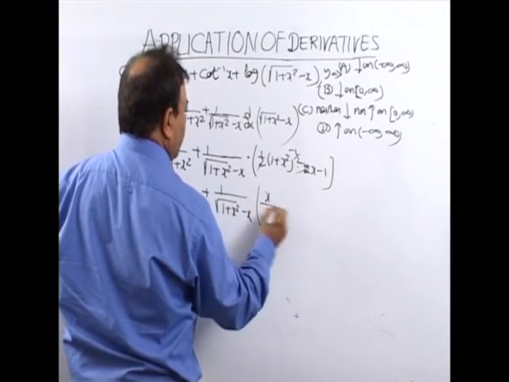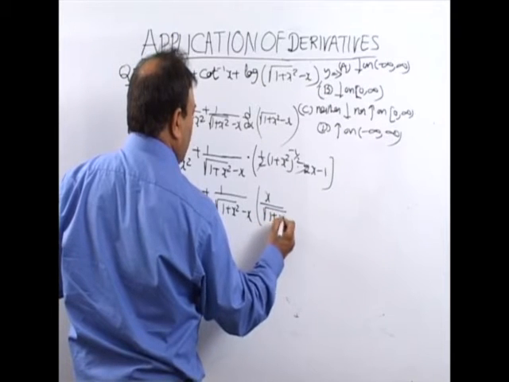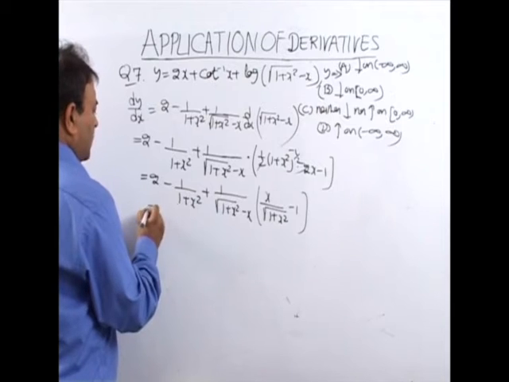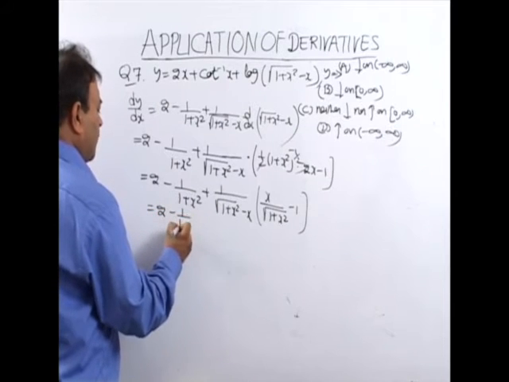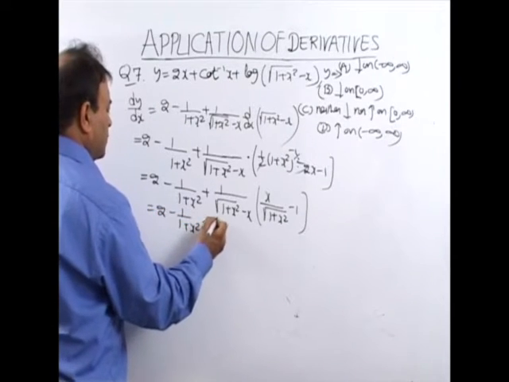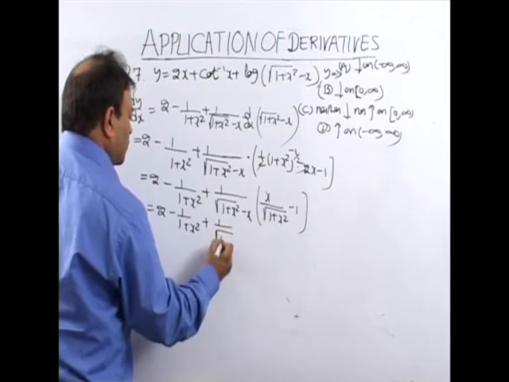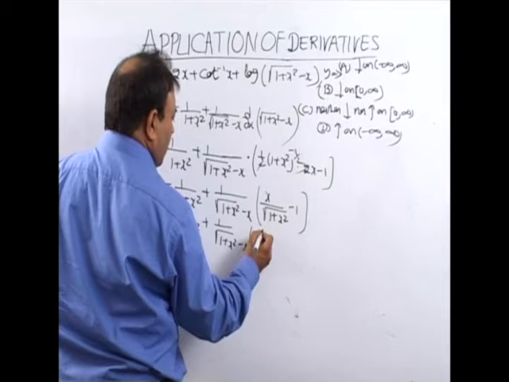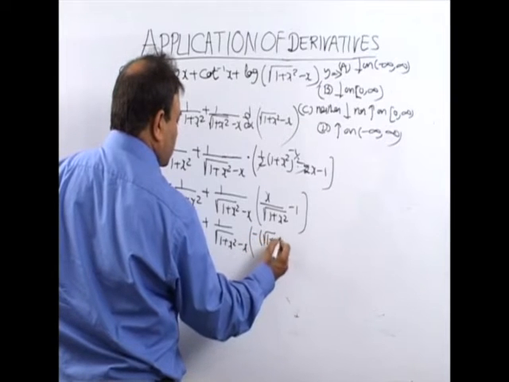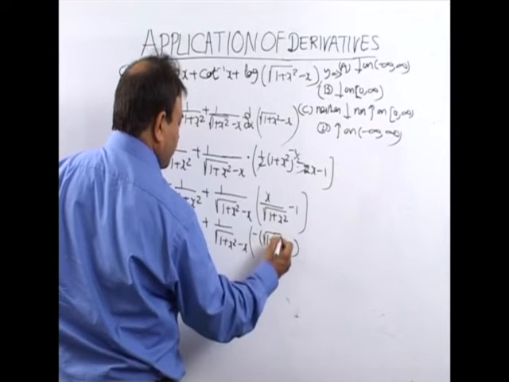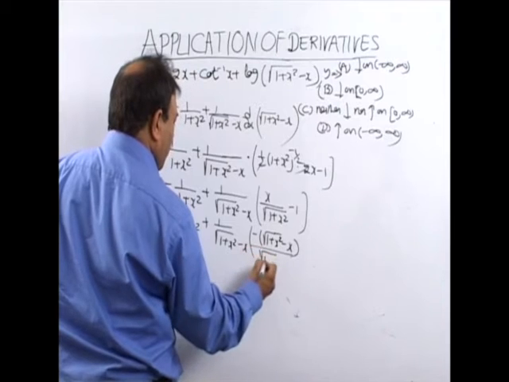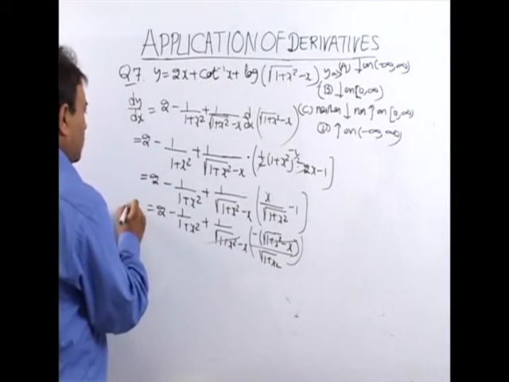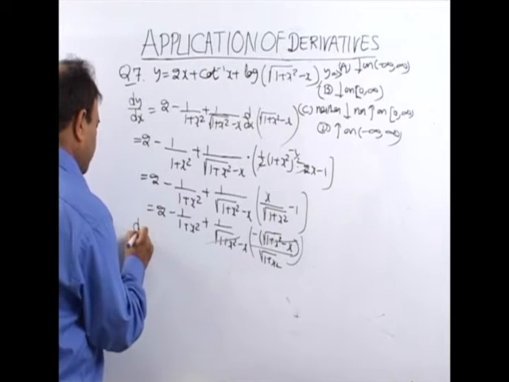The 2 and 2 will be cancelled out, x upon square root of 1 plus x square minus 1. I can say this is 2 minus 1 upon 1 plus x square plus 1 upon square root of 1 plus x square minus x, times minus square root of 1 plus x square minus x upon square root of 1 plus x square. This will be cancelled out.